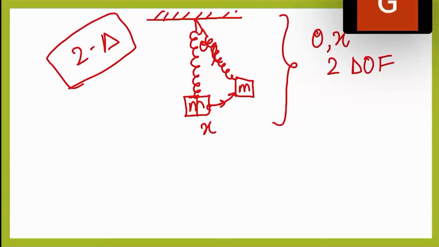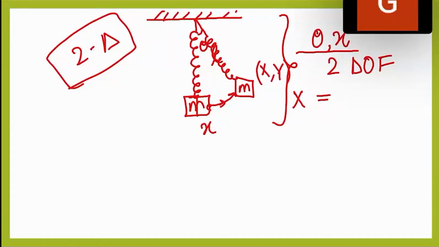Once we have identified the generalized coordinates, we will proceed to find the kinetic energy and the potential energy of the system. The first method that I will take here is to talk in terms of positions. At any particular instant, the position of this mass is given by x and y. Let me write down the values. What is your x here?